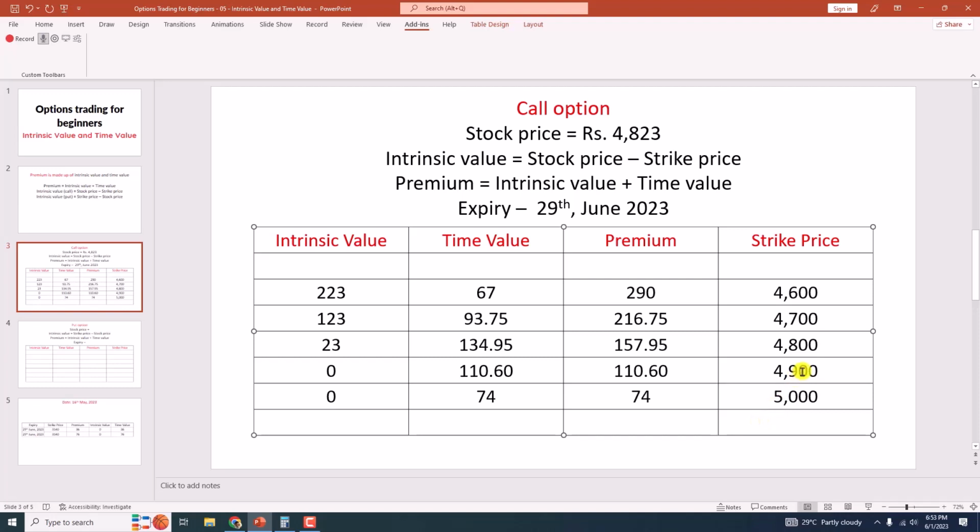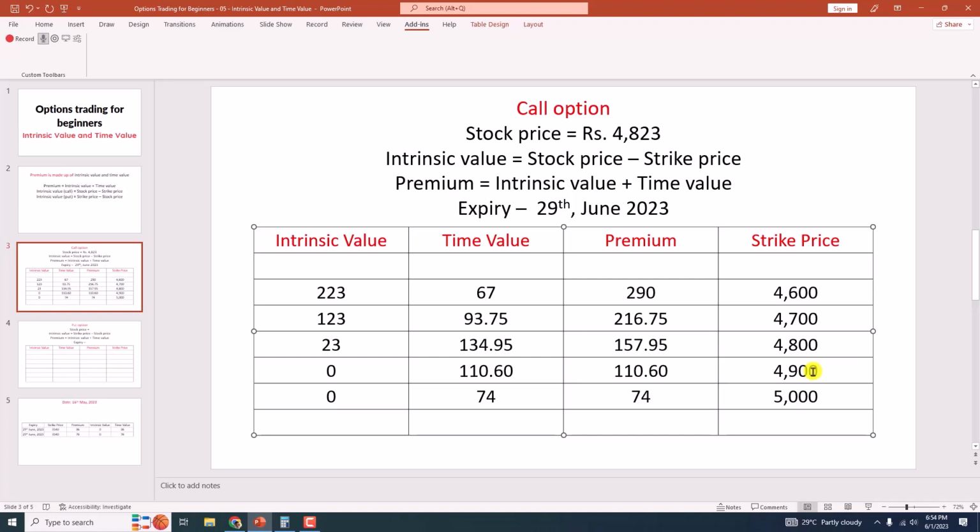And for that time, we pay a value called time value. Time value is the value that you pay above the intrinsic value so that your target gets achieved. What is the target here? The stock should move above 4900.